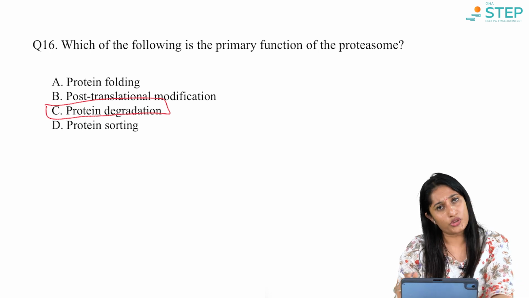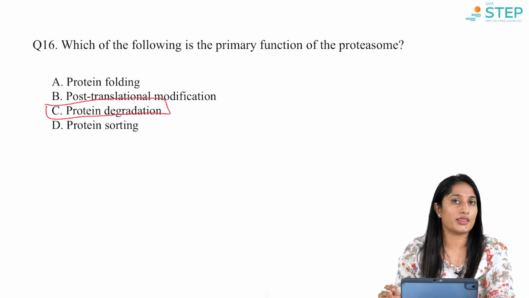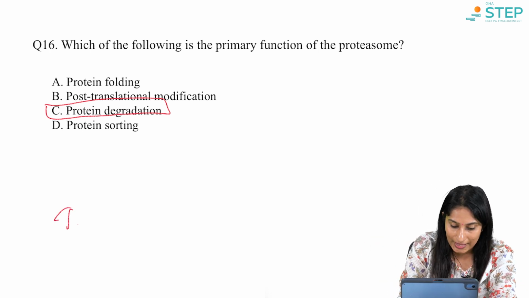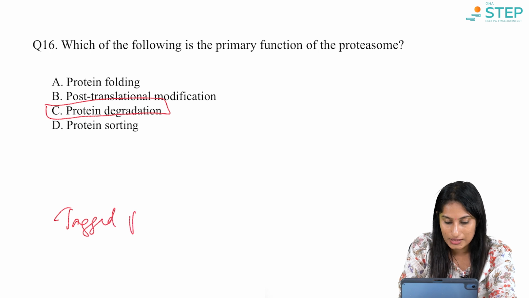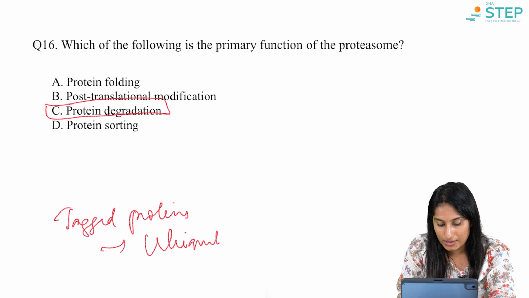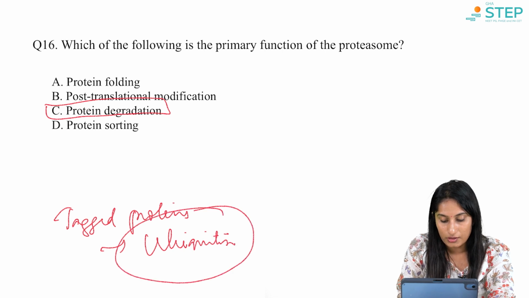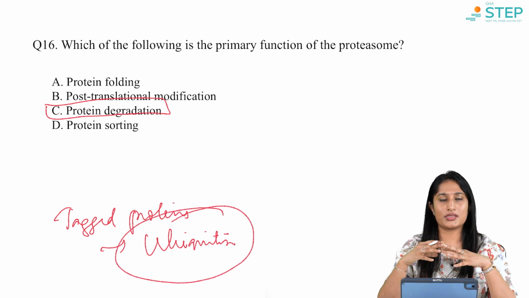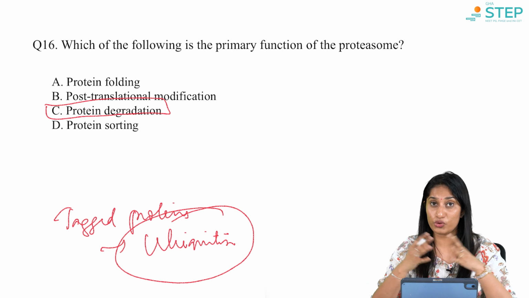So, would all proteins go inside the proteasome? No, only the tagged proteins. What is tagging of a protein? Tagging of a protein is done by what is called ubiquitin. What is ubiquitous? Ubiquitous is something that is found everywhere, or universal.